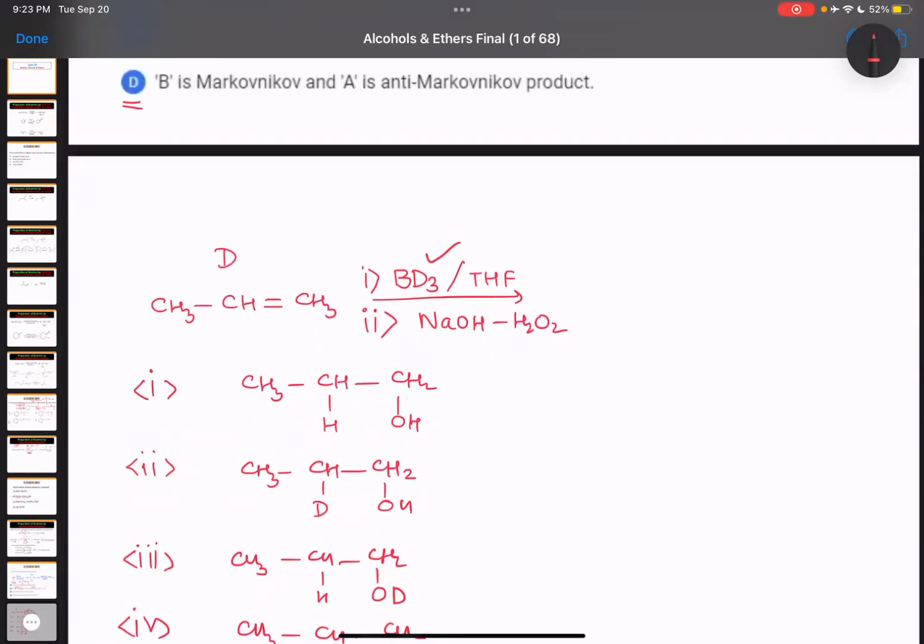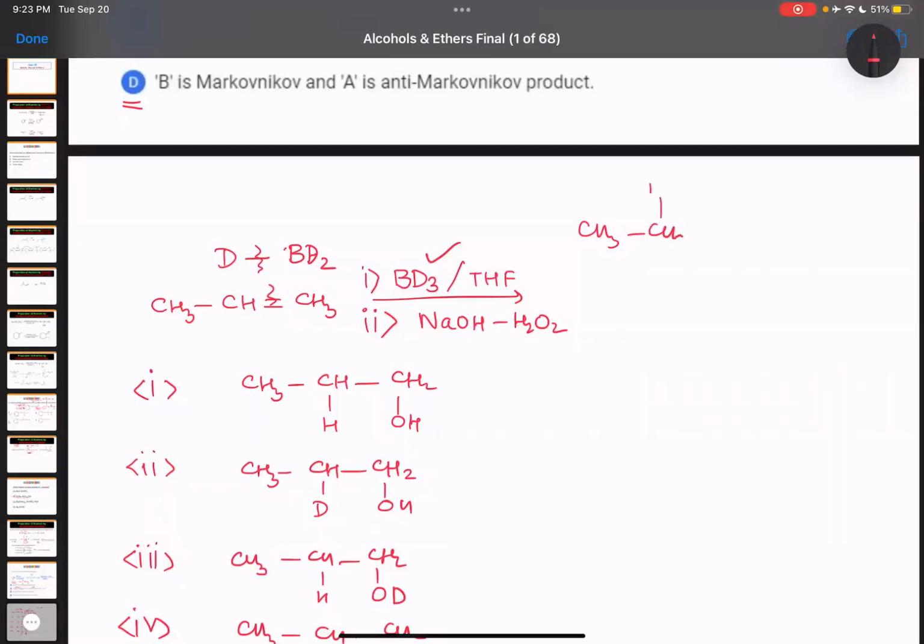So actually you took BH3 only, but with deuterium, BD3, you took this one. Okay. And actually what happens here is, D is connected inside, BD2 is connected outside.